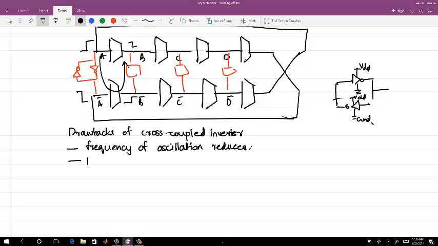So actually your power consumption for the same frequency of oscillation increases. The power which is consumed in this increases.